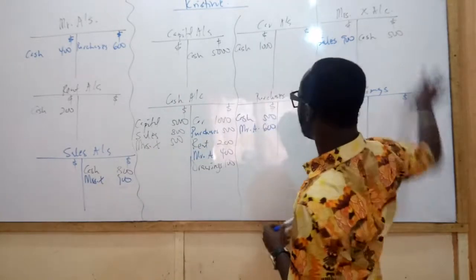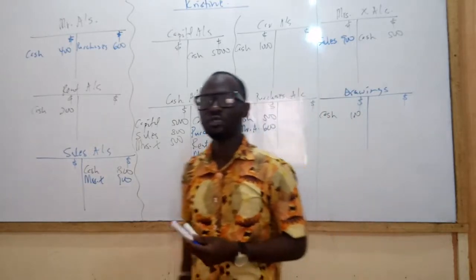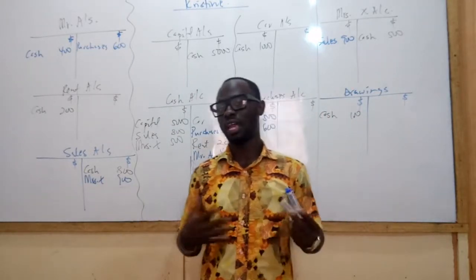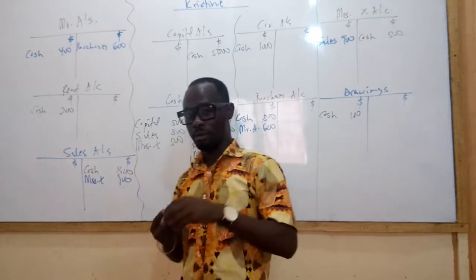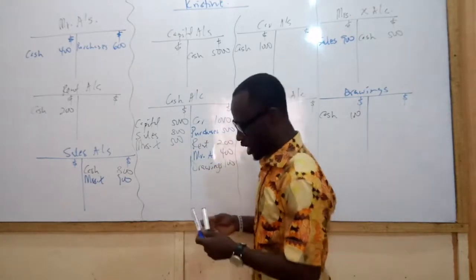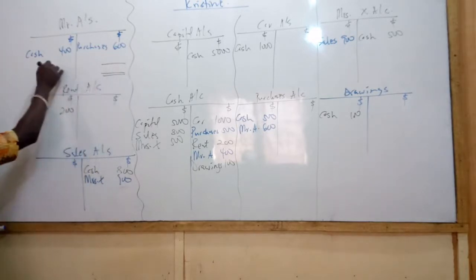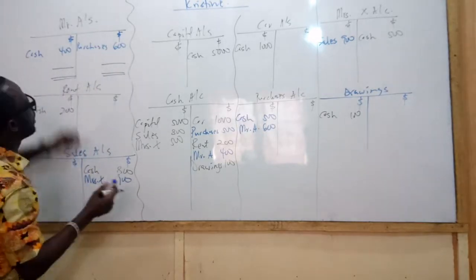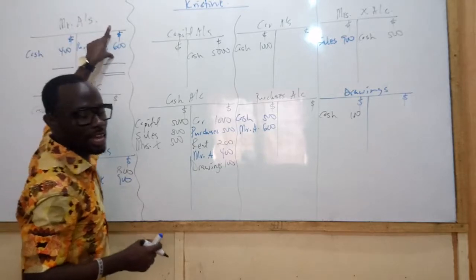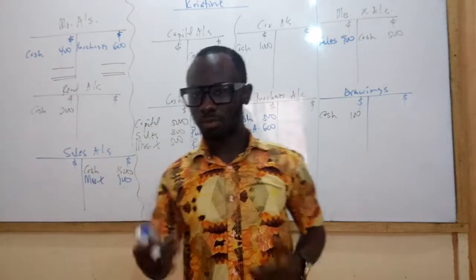So this is the entry. Now when we finish with the entry like this, we need to balance the account, right? Remember I told you about it in the introduction to the lecture. So we balance the account by looking at the debit side and the credit side and finding out which side is bigger.